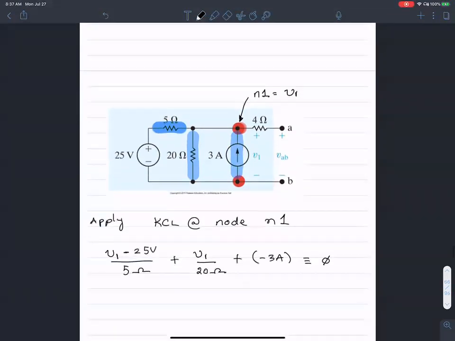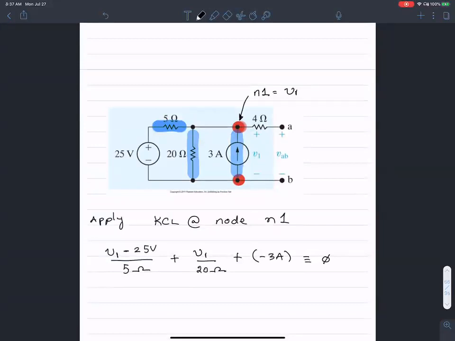We have only one unknown variable V1 over here, and one equation should be enough, which will give you a value of 32 volts. So V1, which is simply the open circuit voltage VAB, is 32 volts.